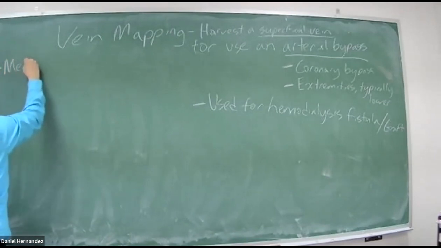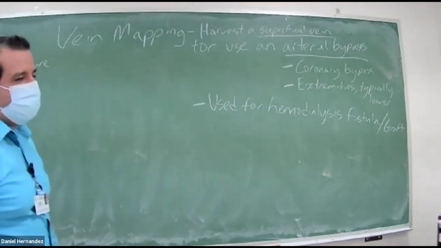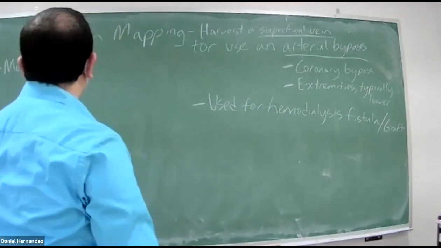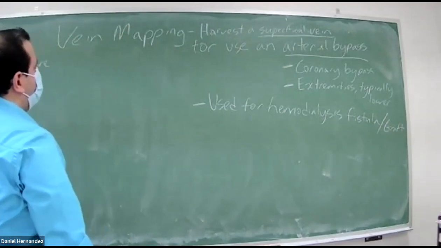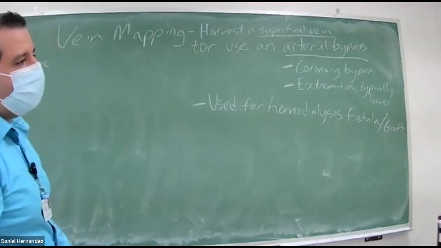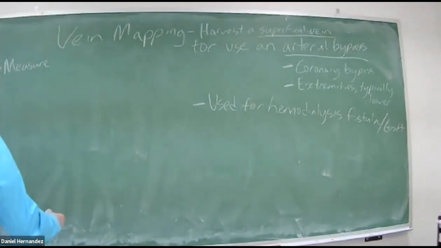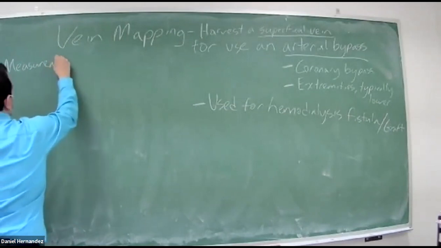Measurements. With our vein mapping studies, we always assess for the presence of DVT. So we're going to do a deep vein study as well, make sure there's no clot in the deep veins. We're going to make sure there's no thrombus in the superficial veins, so no thrombophlebitis. And then we go back and we take our measurements.